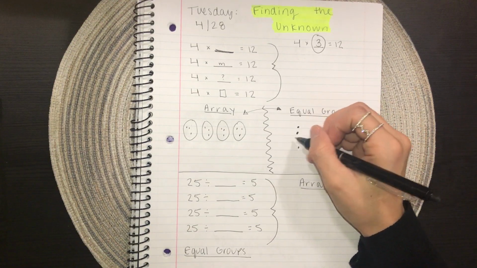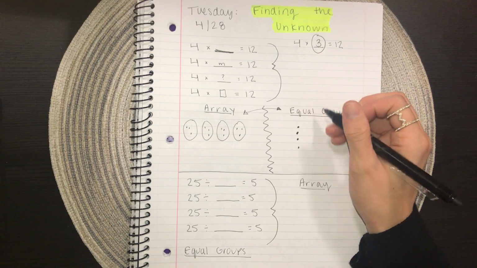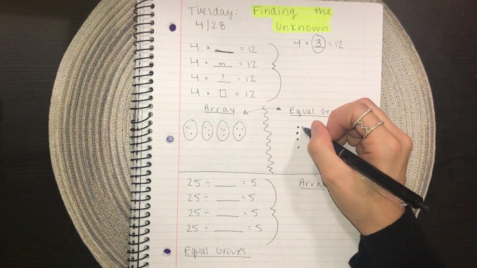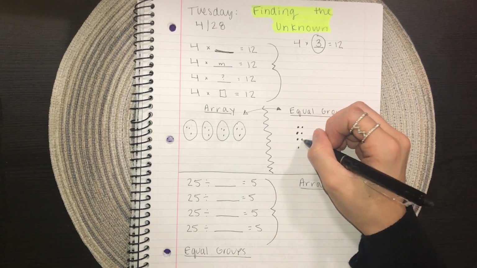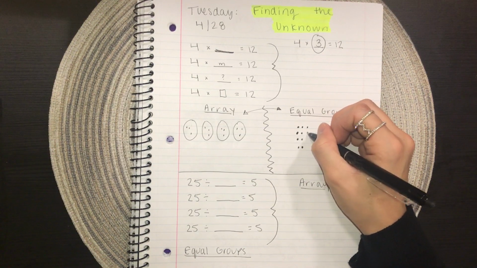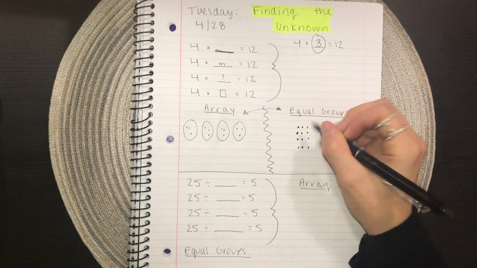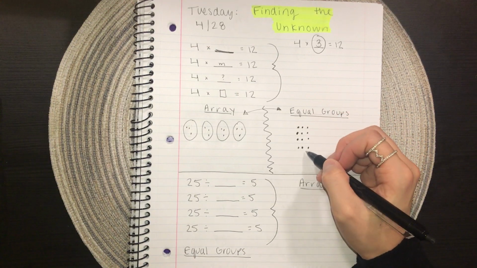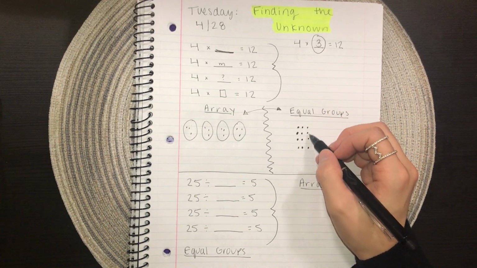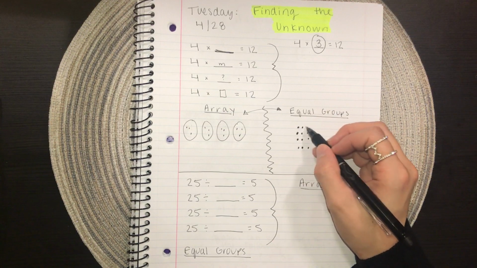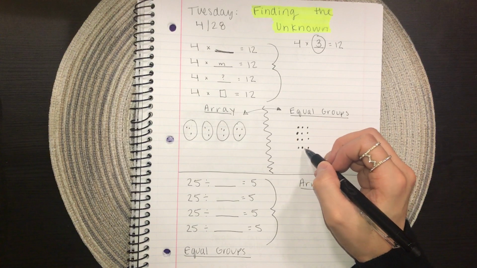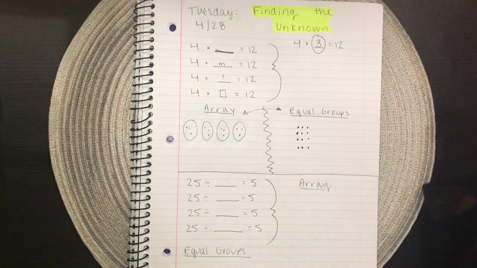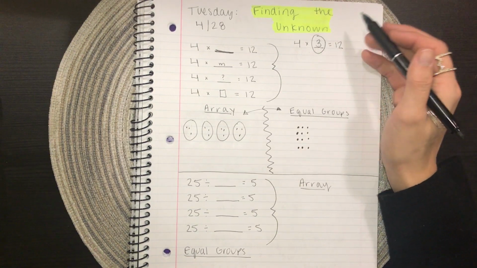We have those 4 equal rows, and we want to make sure that we have 12 total. So 1, 2, 3, 4, 5, 6, 7, 8, 9, 10, 11, 12. And so there are 4 rows and 3 evenly in each row. So 1, 2, 3, 1, 2, 3, 1, 2, 3, and 1, 2, 3. So therefore the answer is 3.